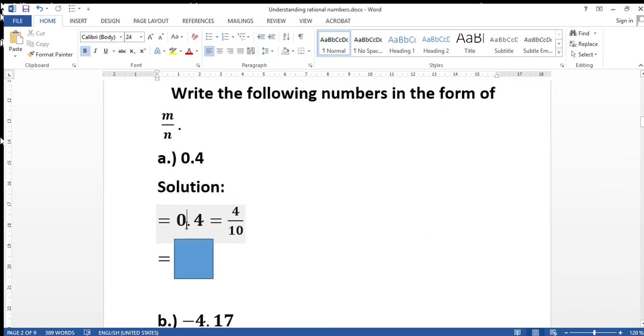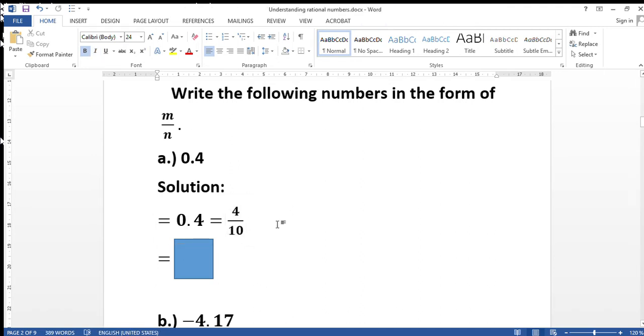So again, we move the decimal point to the right and count 1 place. We write 4, and since it is only 1 place, we write 10. Move the decimal point 1 place only, so write it as 10.